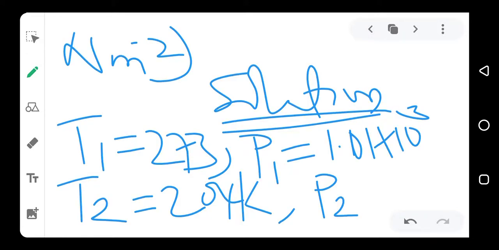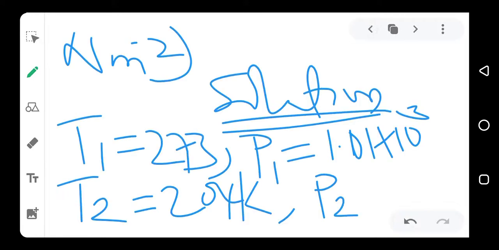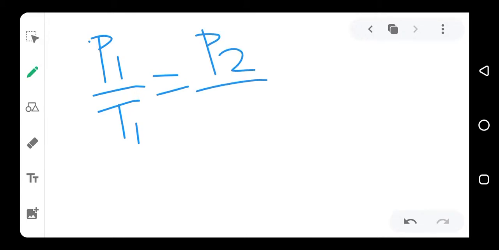Now this is a variation of temperature and pressure. And when we are varying temperature and pressure, this is called the pressure law. Pressure law is the variation of temperature and pressure, and the equation is P1 over T1 is equal to P2 over T2.